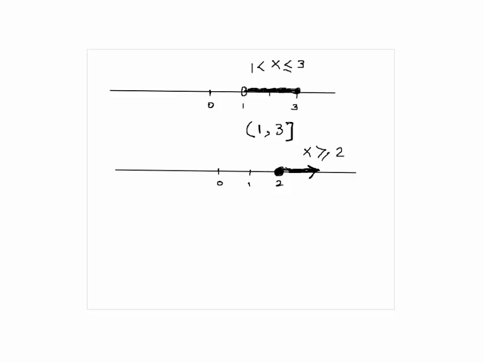So if I want to write an interval notation, I'm going to use brackets here to include the 2, and then put plus infinity here. And we use parentheses for infinity because the endpoint is not defined, so that's how you use it. Okay? So that's just another way to show the range of numbers, interval notation.